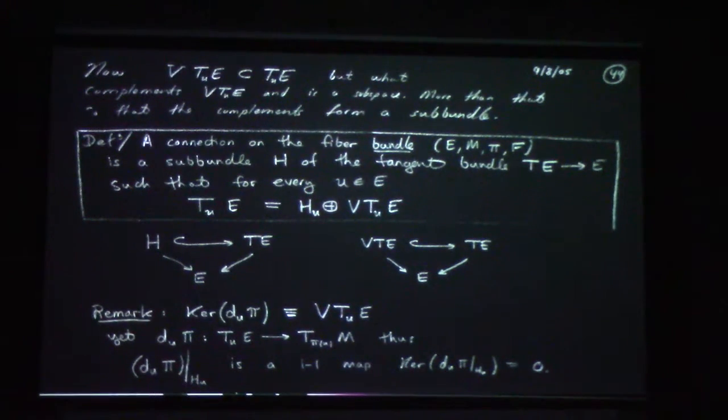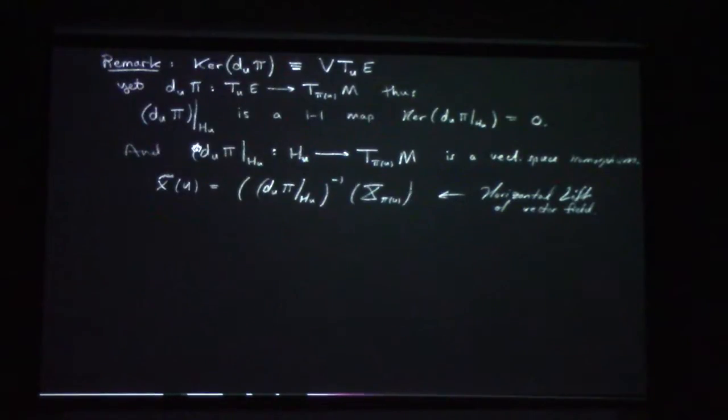It's the zero vector itself, because this is a direct sum decomposition, pointwise, for each U in E. All right. So that's a vector space isomorphism, in fact.